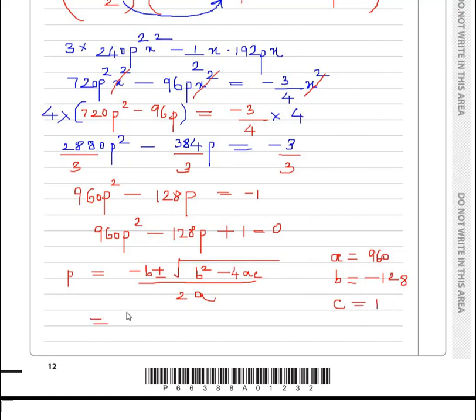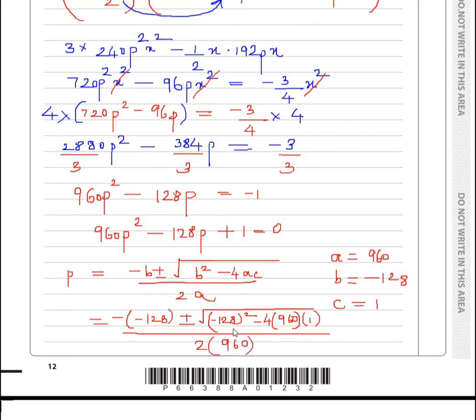Now substituting over here, minus of minus 128 plus minus root of minus 128 whole square minus 4 into 960 into 1 whole divided by 2 into 960.